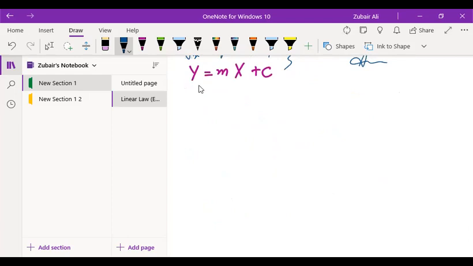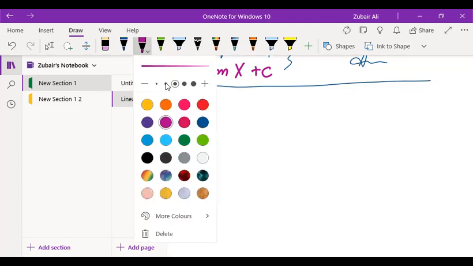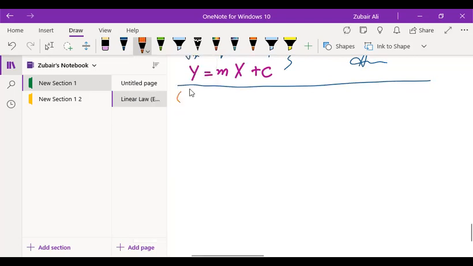Part D is y into y minus a is equal to x minus b.